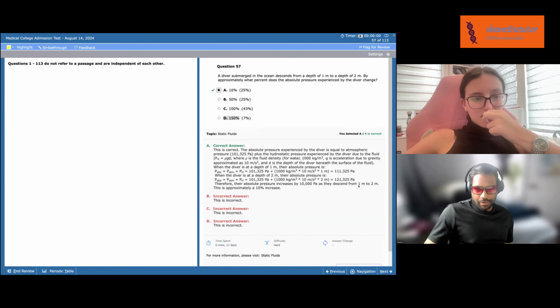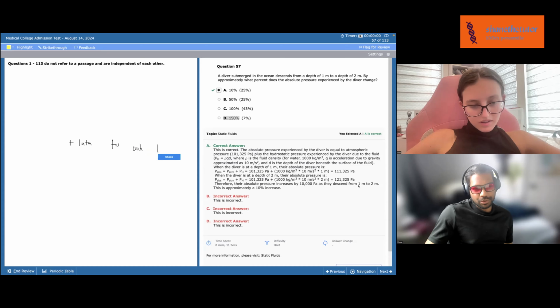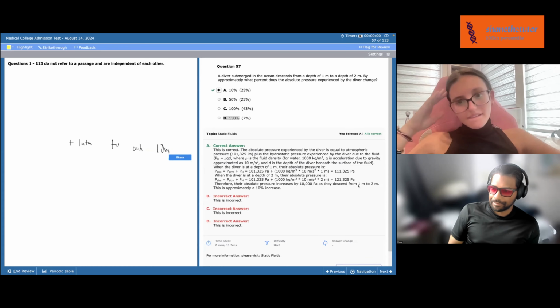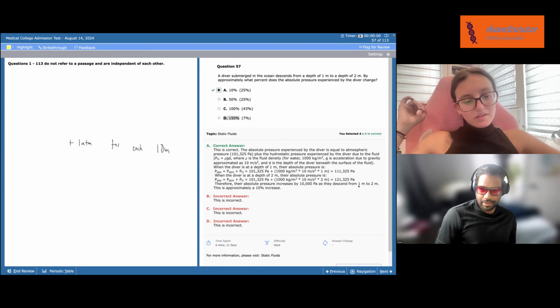So yeah, there is a shortcut for this, and it's basically that you gain 1 atm of pressure for each 10 meters you go down in depth.